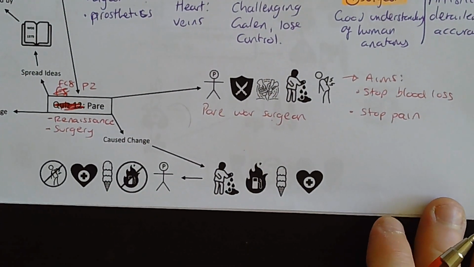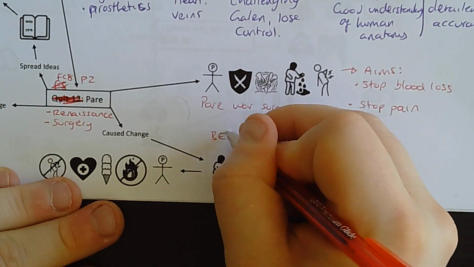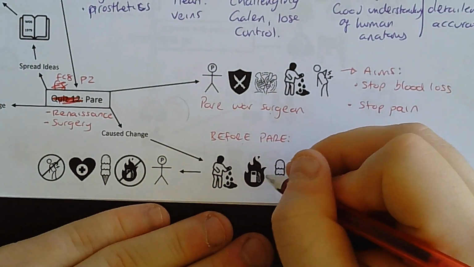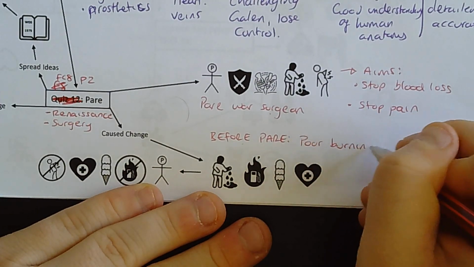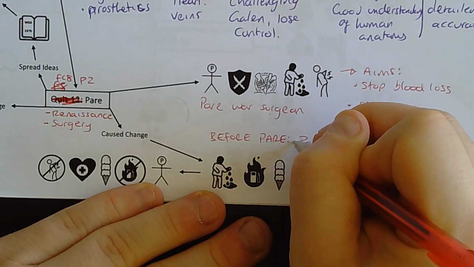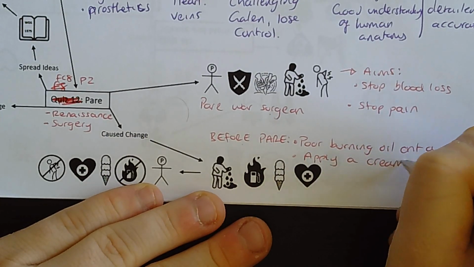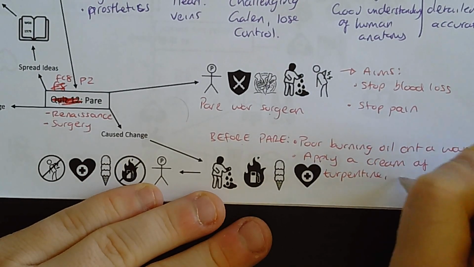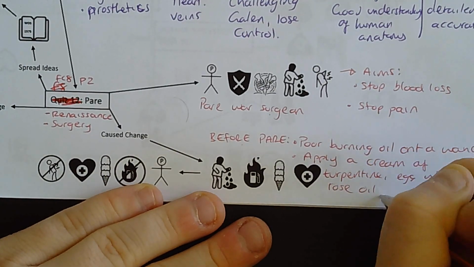Now, before Pare, what people used to do was pour burning oil onto a wound, and then they would apply a cream of turpentine, egg white and rose oil to heal it.